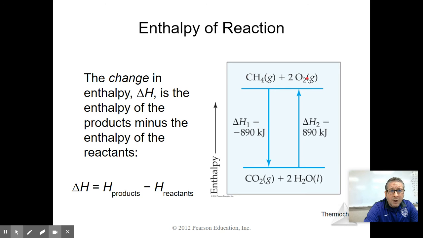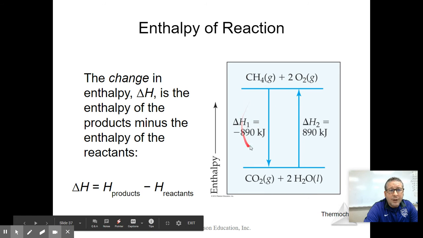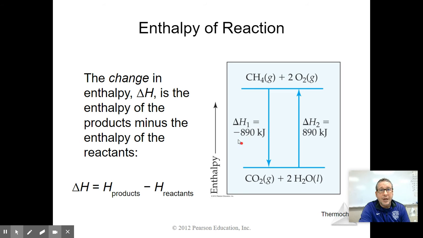So back to this number 2. Again, going from our methane and oxygen to CO2 and H2O, we have a change in enthalpy of negative 890 kilojoules. Remember that negative sign right here indicates that heat was released. Therefore, it being a negative sign, it is exothermic. But let's just say we reverse, if we can. We can't always reverse it, but theoretically we could reverse anything we needed to fit in our reaction calculations, okay?